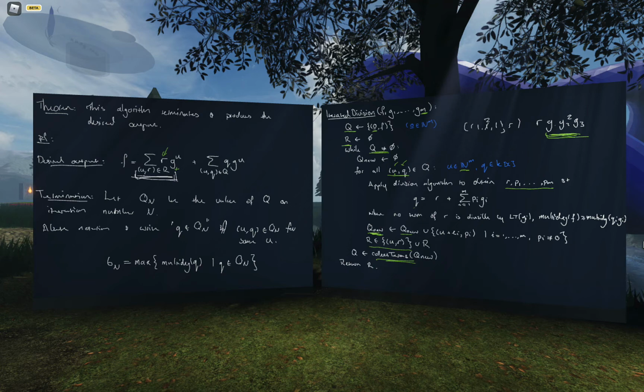Now we know from the division algorithm theorem that the multi-degree of Q is strictly greater than the multi-degree of Pi Gi for all i, assuming these things are non-zero. If any of these are zero, then it doesn't get added to the next set anyway, so it's okay. So if Gi is non-constant, we have a strict inequality here.